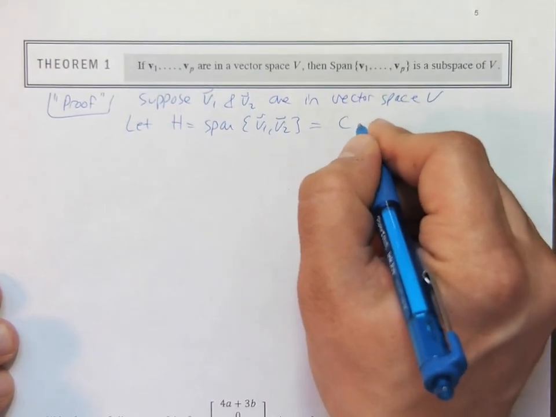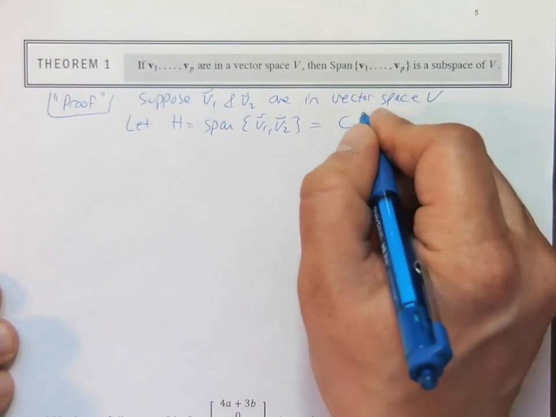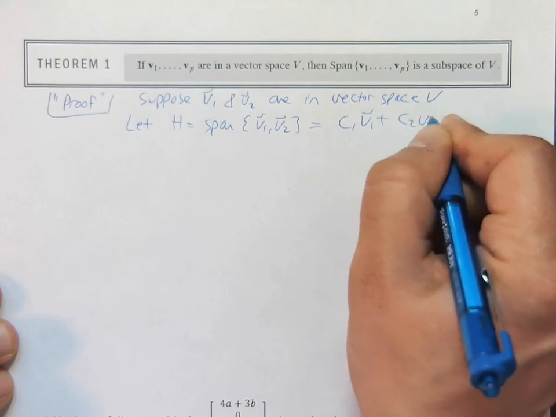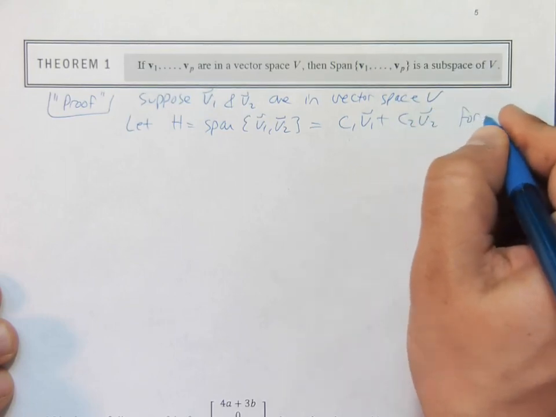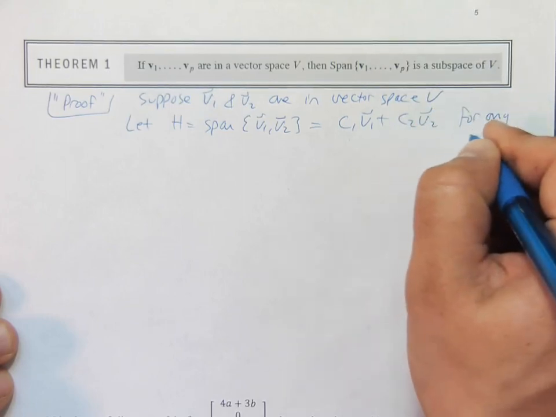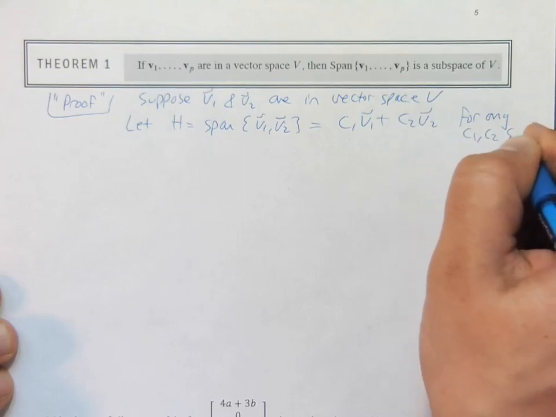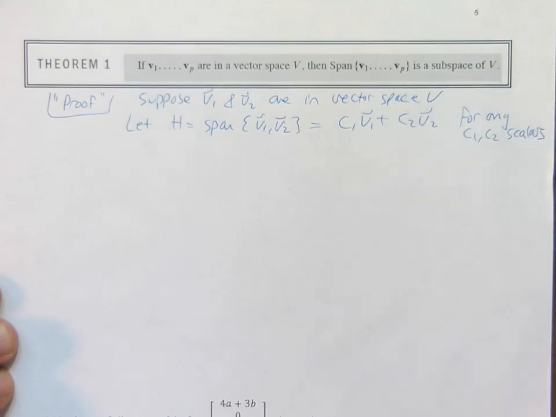So c1 v1 plus c2 v2 for any c1, c2 scalars. So you pick any number for c1, c2, and that's some linear combination of v1 and v2, and so that would be in the span.